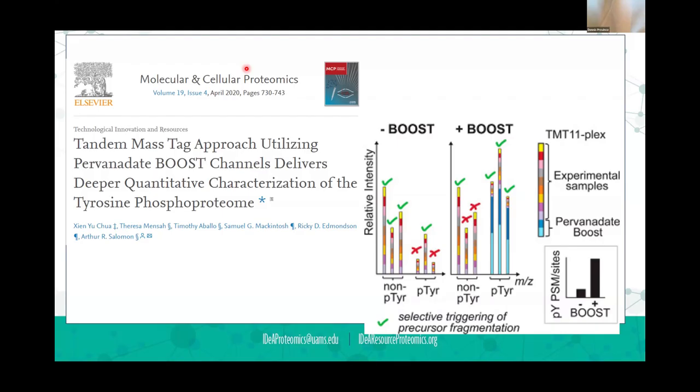So you might have 10 of your TMT channels be single cell or 100 cells, and then in your 11th channel you put in 1,000 cells or 10,000 cells, and it allowed you to make the peptide more abundant. But then when you got the labels, when you went to fragment and do the quantitation, you didn't care about the level of the channel you'd added in to boost the signal. You were only interested in those individuals.